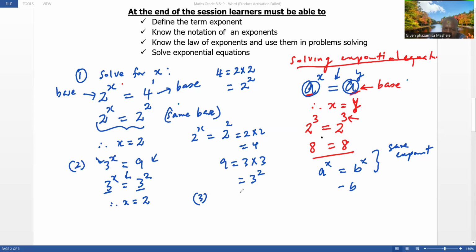Let's say 2 to the exponent of x equals 32. We can write 32 to have a base of 2: 2 times 2 times 2 times 2 times 2. How many 2s are there? 5. So 2 times 2, 5 times, what is that?